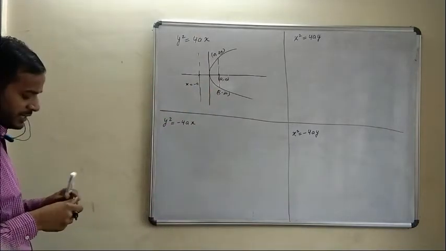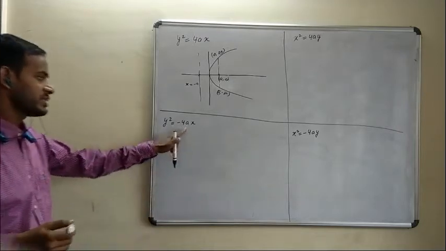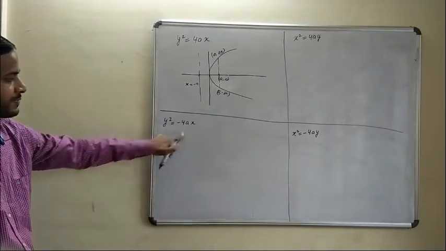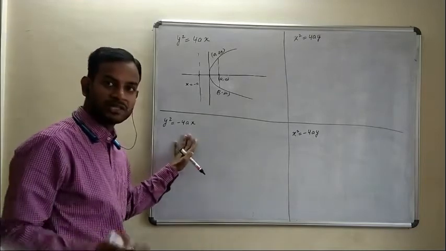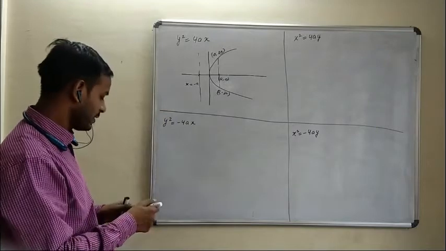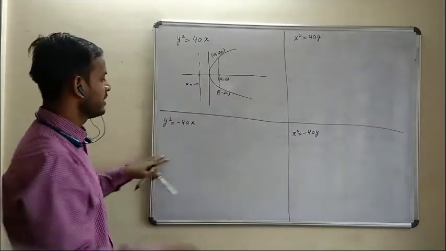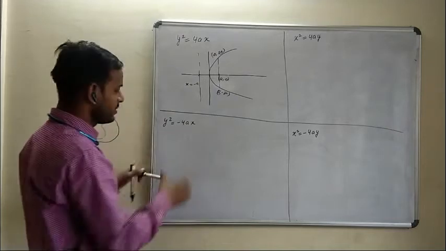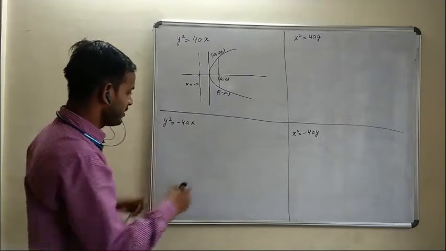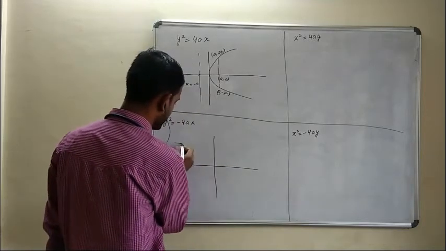Okay, let us now first look at this particular parabola. So minus suggests that the parabola is going to open towards left. This was the parabola which was opening towards right. Since there is a negative sign, the parabola is going to open towards left.